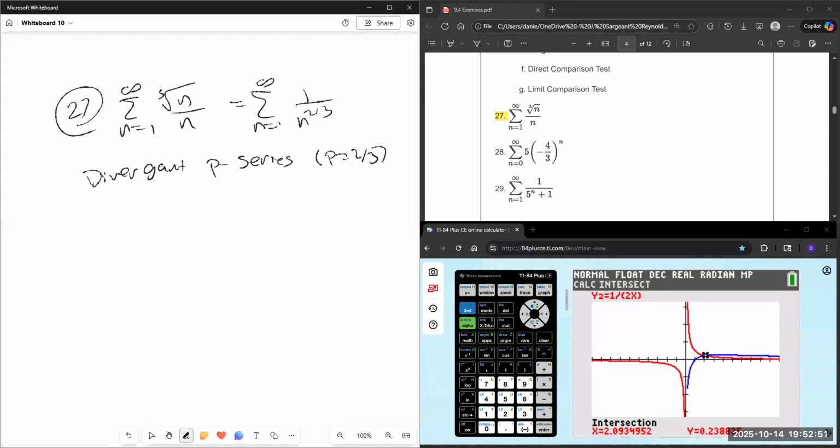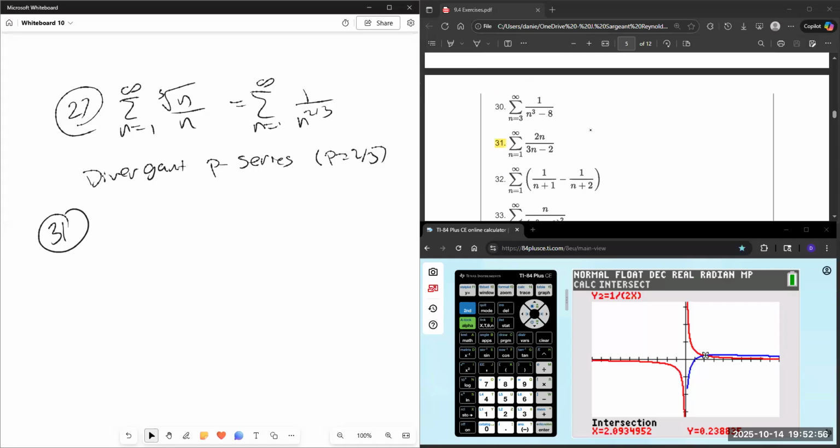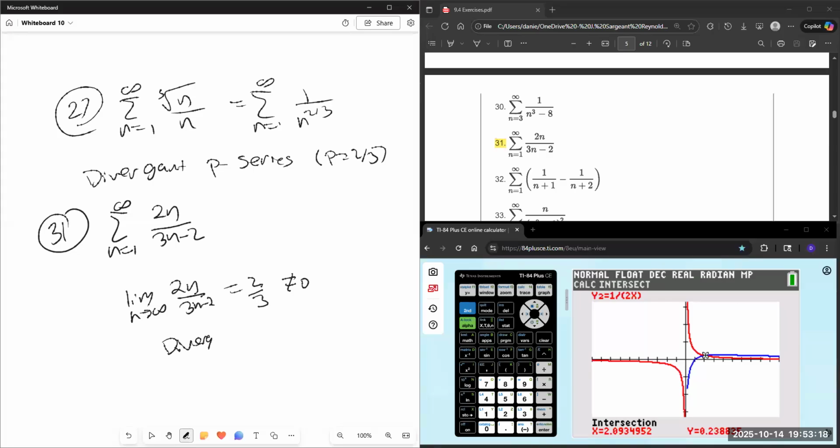Let's look at 31. The summation from n equals 1 to infinity of 2n over 3n minus 2. If I take the limit as n goes to infinity of 2n over 3n minus 2, I get 2/3, which is not equal to 0. So this diverges by the nth term test.